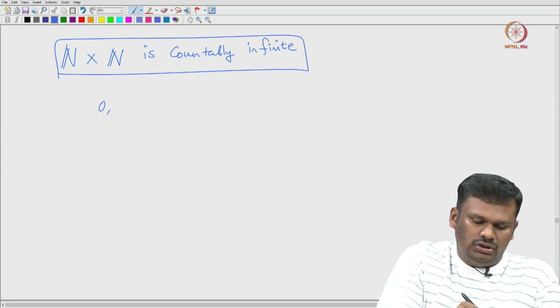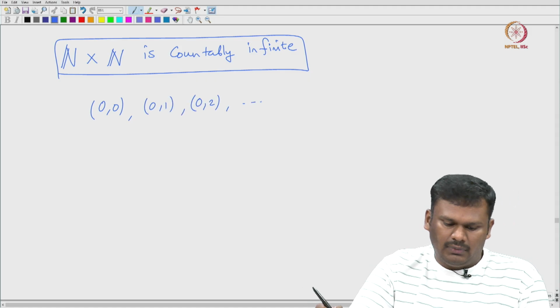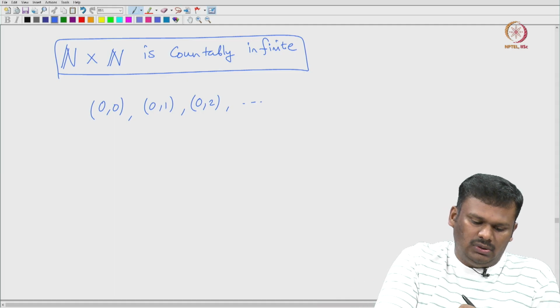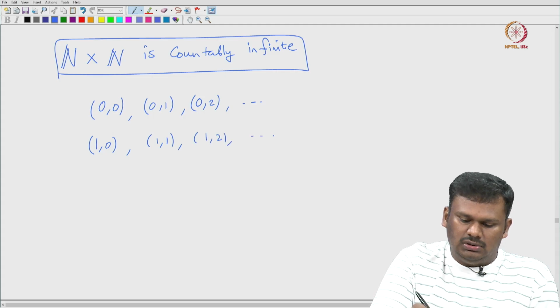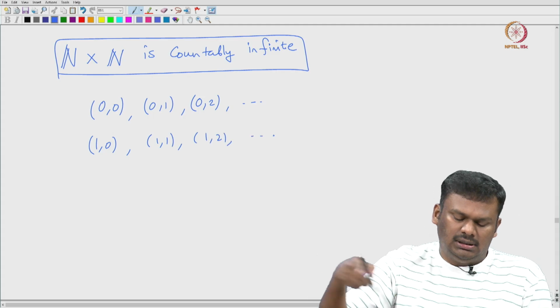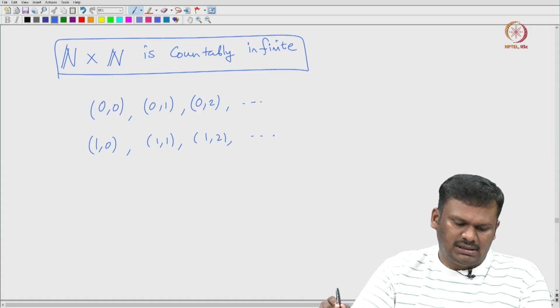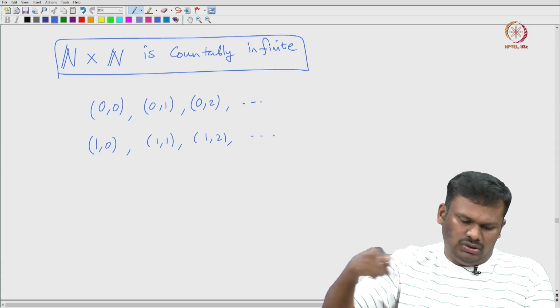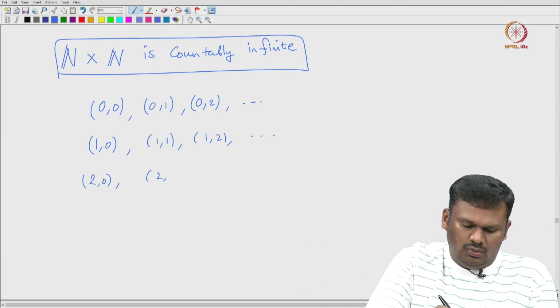You have 0 0, 0 1, 0 2, etc. And similarly, here you have 1 0, 1 1, 1 2, etc. So, basically I am writing it as an infinite by infinite matrix starting with 0 0 and so on. Now you can see the pattern of how it is written.